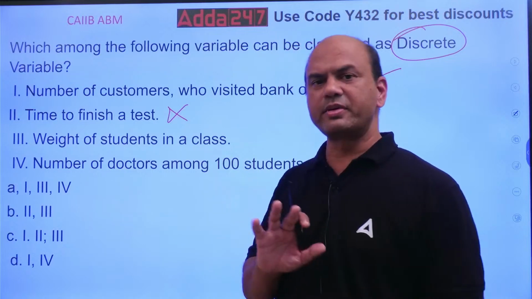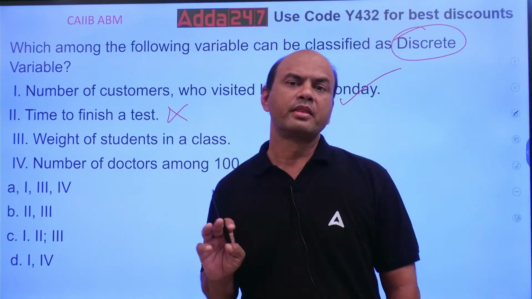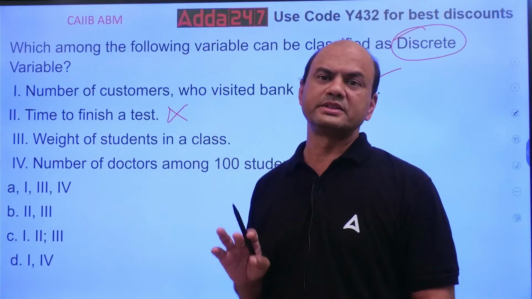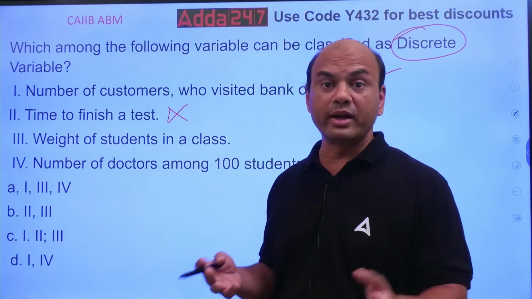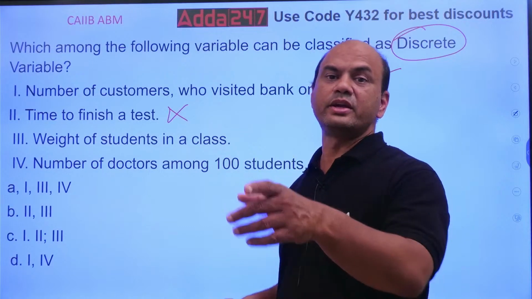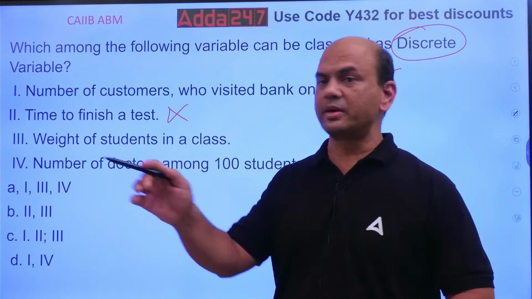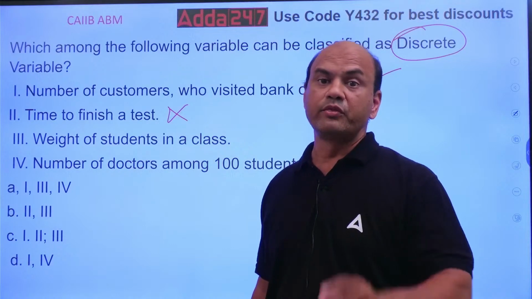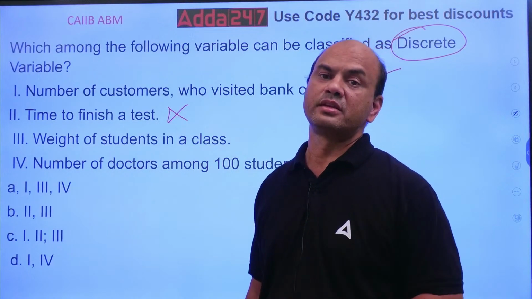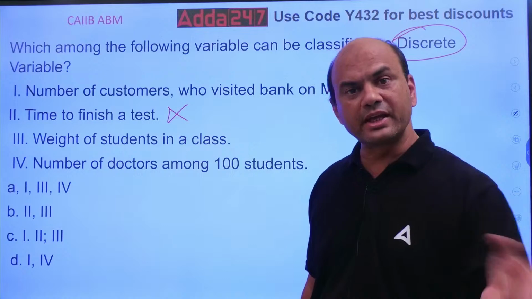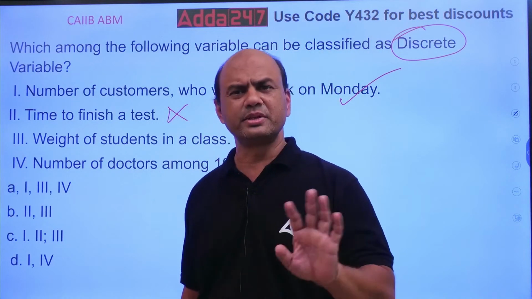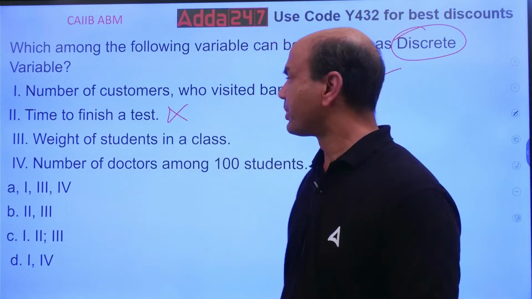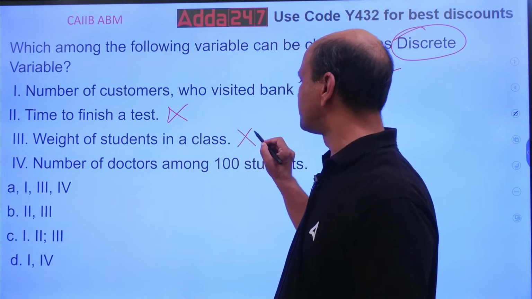Here, remember a simple rule. Continuous variable is that variable which needs something else to count. Weight. Can I just see you and tell your weight is this much? No. We have to use a machine. So whenever we have to use something else, that becomes a continuous variable. Keep it very simple. Okay. So this is also continuous variable.